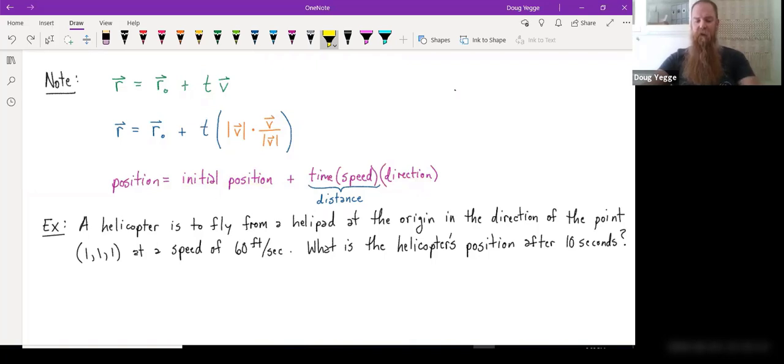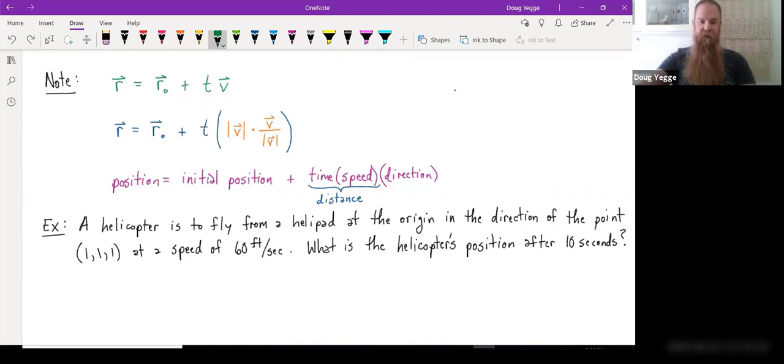So let's think about what we're given. In this case, it says that a helicopter flies from a helipad at the origin in the direction of the point 1, 1, 1. And it also tells me the speed is 60 feet per second. So why don't we go ahead and just start listing out the things that we know. All right, so one thing that we know is the speed.